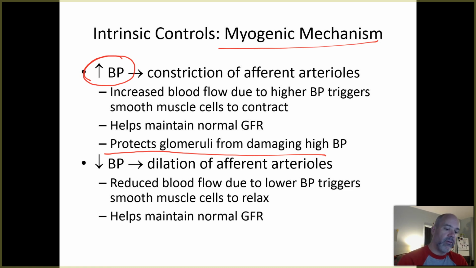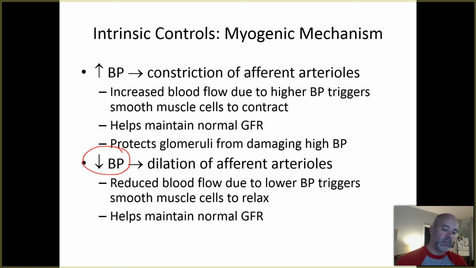All right, so the opposite happens. Let's say you have falling blood pressure. That causes the smooth muscle cells in the walls of the afferent arteriole to relax. So you've got this falling blood pressure, so the walls are getting kind of squeamish. There's not a lot of pressure up against them, and the smooth muscle cells in there will relax even more.